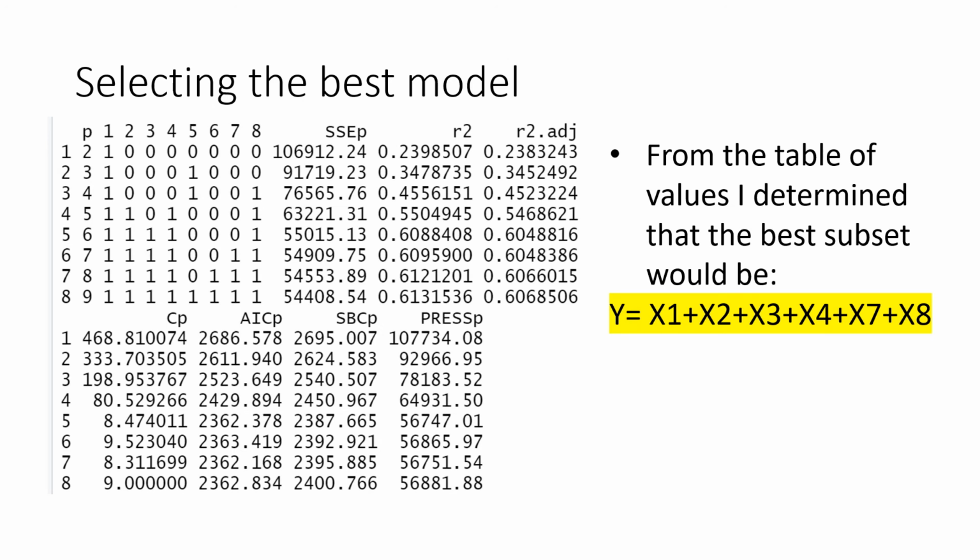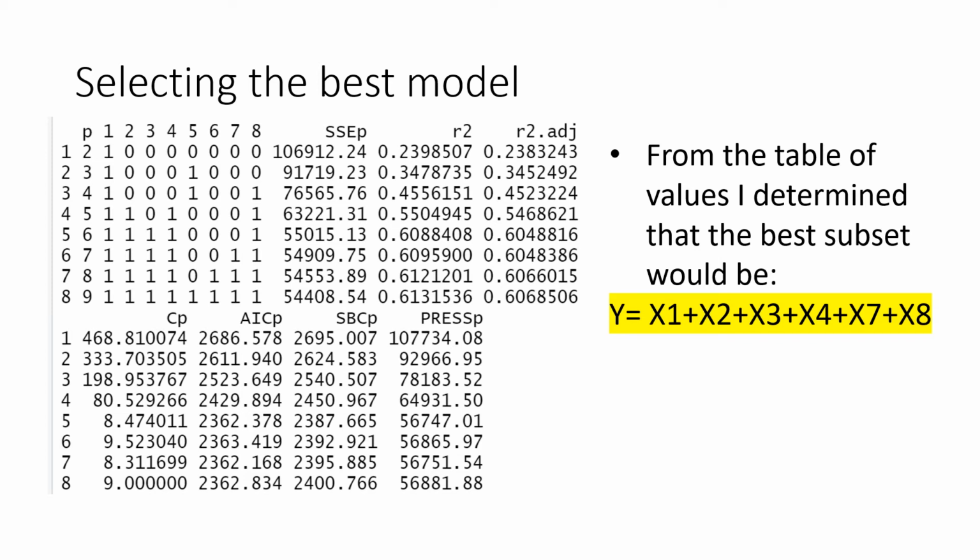Now, to fix the problem of certain variables not being needed or having an unwanted effect in the regression model, I chose to find a subset of the original regression model.